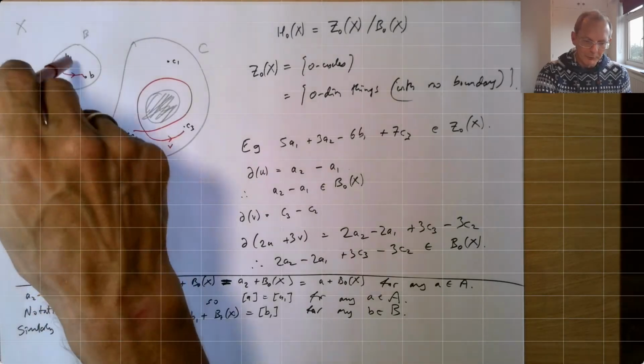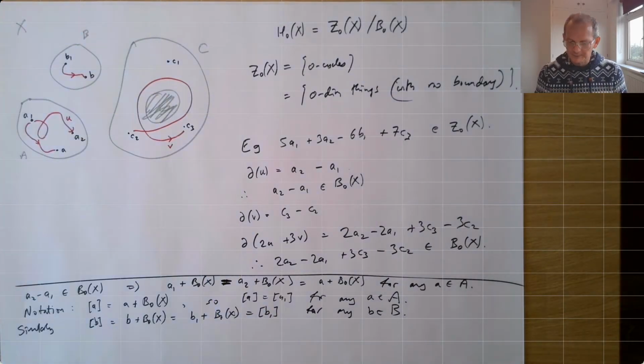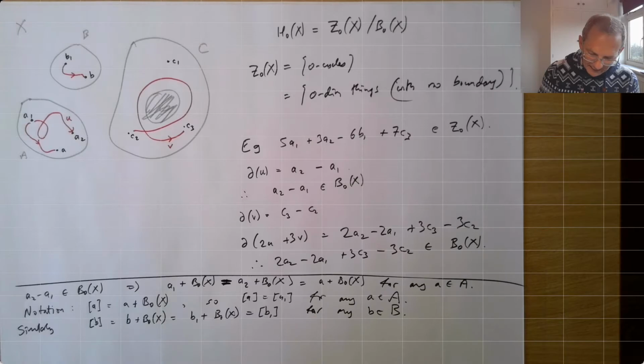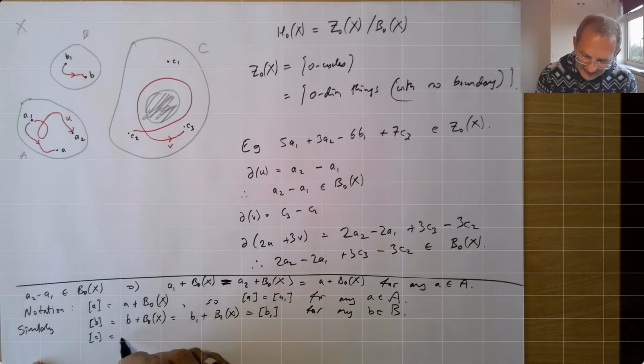So any point in capital B gives me the same coset, and again, square bracket c is the same as square bracket C1.